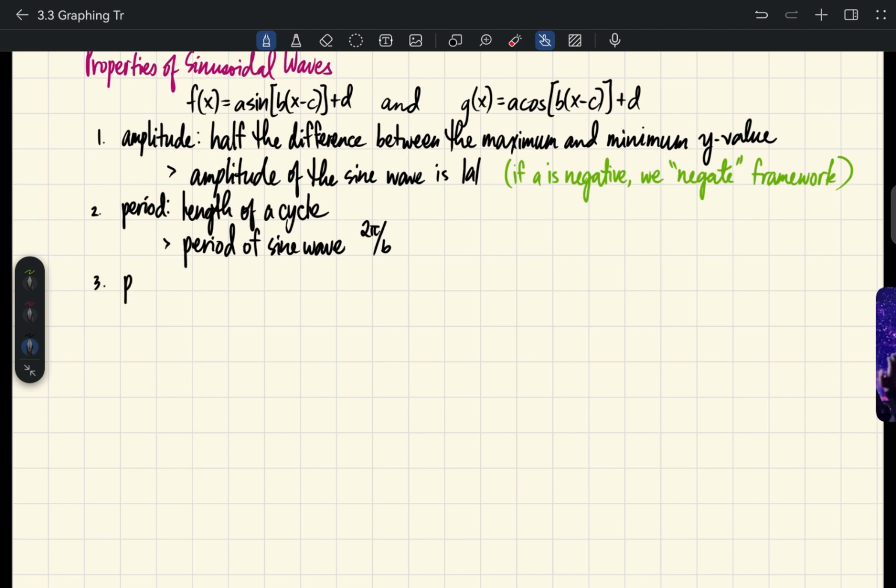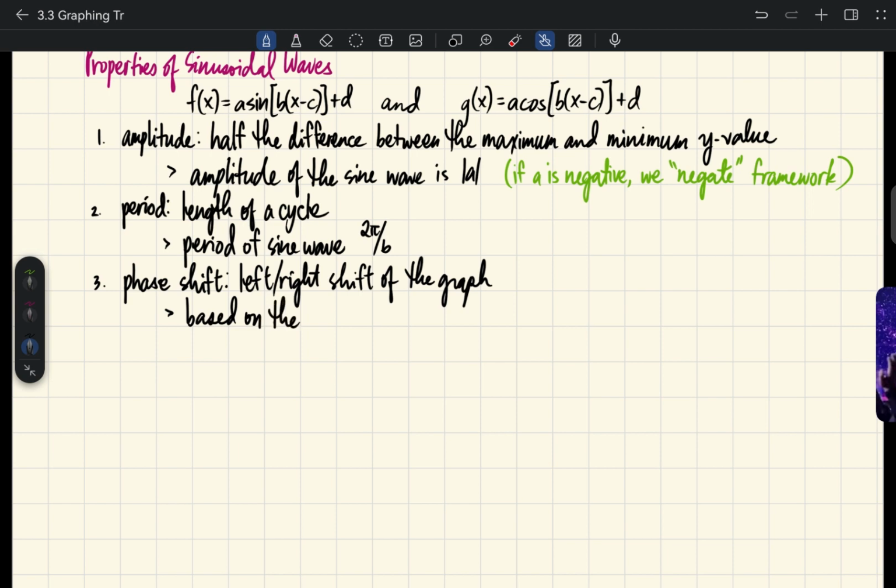Third one is what we call the phase shift. And phase shift is the left or right shift of the graph, and this one is based on the value of C, because if you are moving from left to right, what's changing is the value of x.